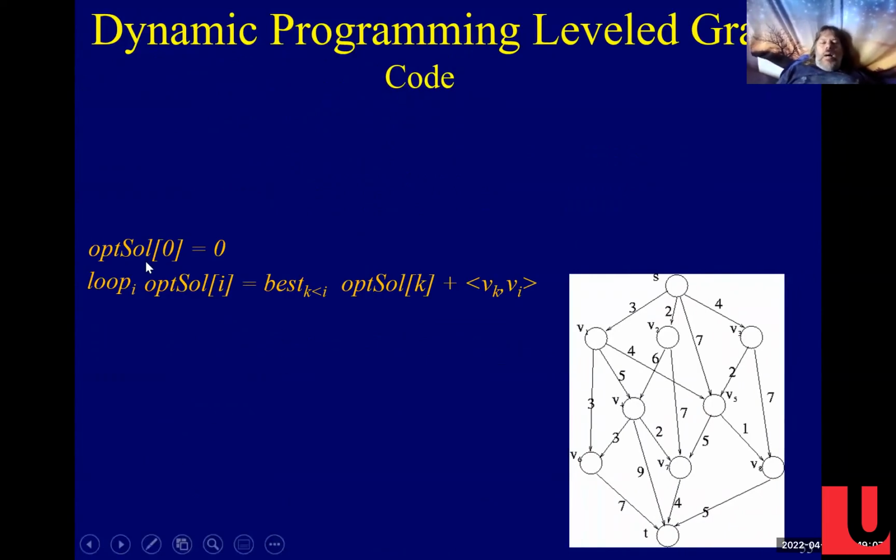So this is kind of a recurrence relation, right? It's the optimal solution. For every integer I, we're going to have a problem to solve, right? And the solution for problem I is going to be, here we're taking the best of a bunch of things.